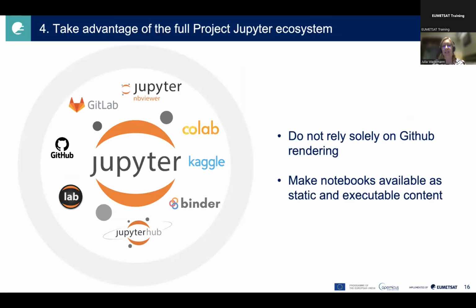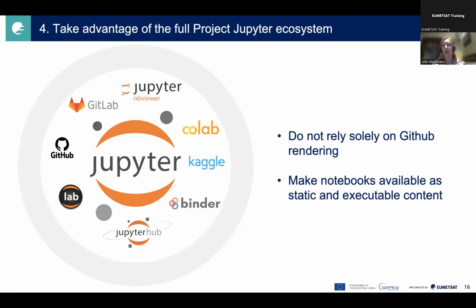Quite often notebooks are hosted on GitHub or on GitLab, and even though GitHub offers a built-in rendering tool, it's often not nice. So what we recommend, for example, for static sharing of the notebooks, is that you can use NB Viewer.